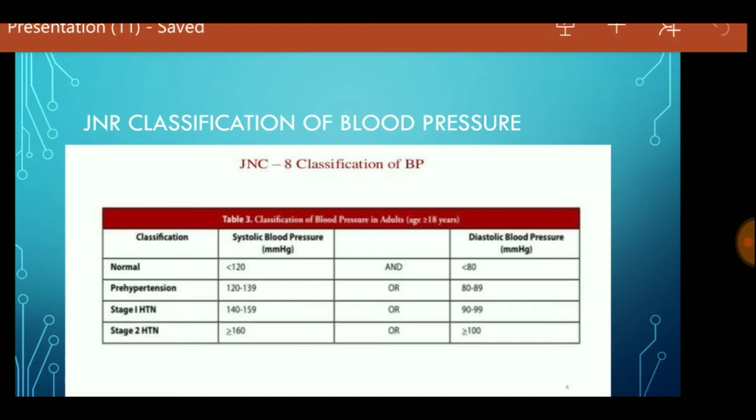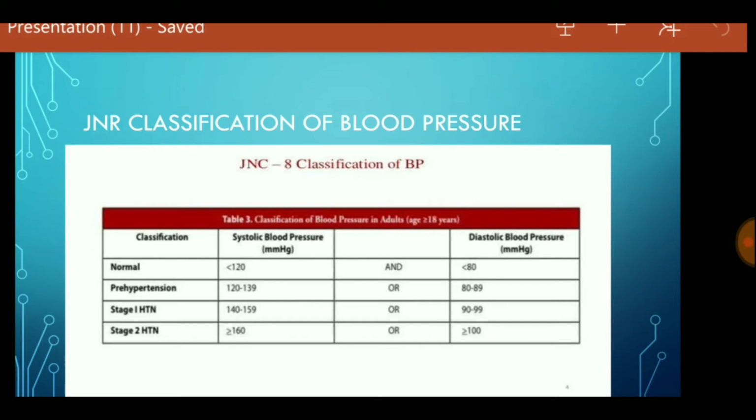What is meant by normal blood pressure? It is less than 120 mmHg systolic and less than 80 diastolic. Less than 120 by 80 is called normal blood pressure. In pre-hypertension, it is 120 to 139 in systolic blood pressure or 80 to 89 in diastolic blood pressure.